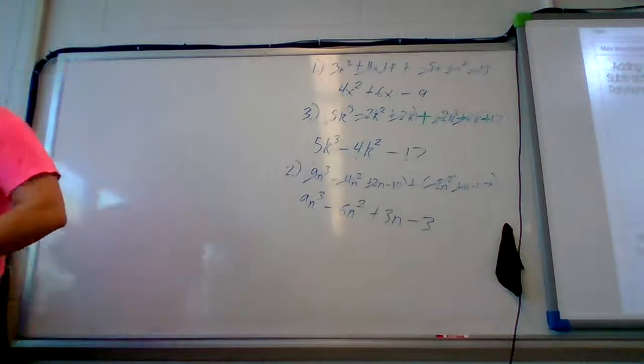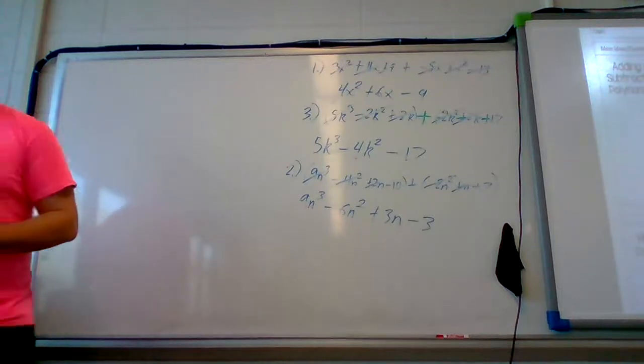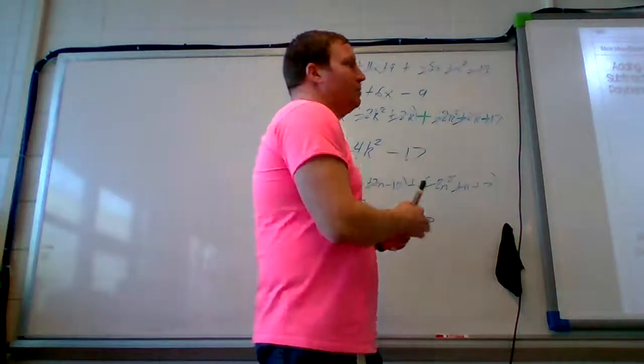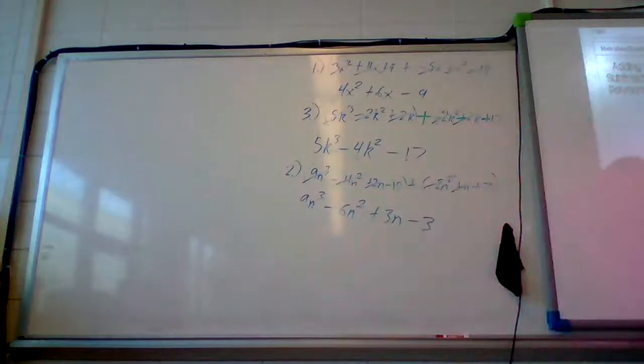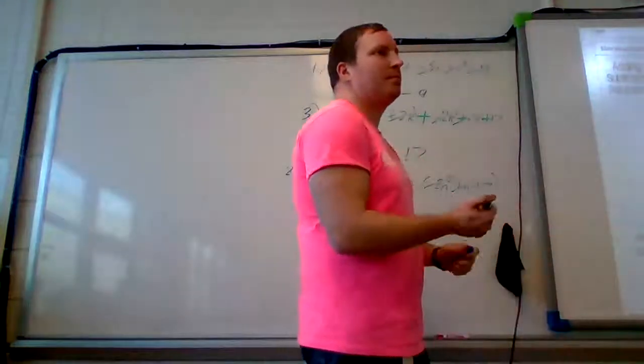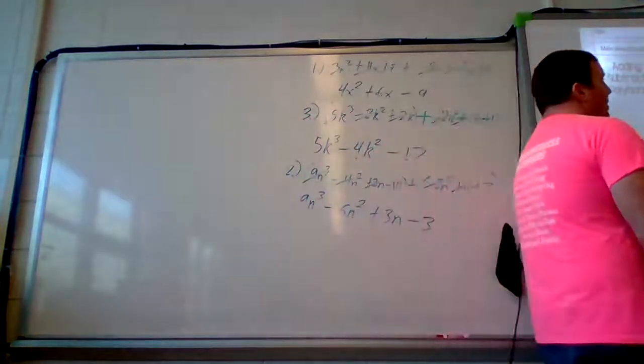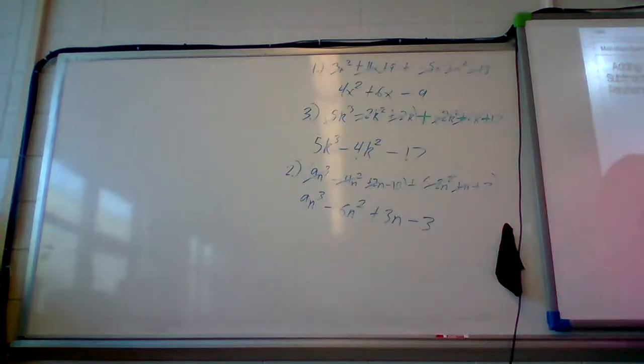On number 4, since the middle sign is subtraction, change the signs of everything in this polynomial. So it's a negative 1 minus a 2y squared plus 5y plus y cubed. Whatever the middle sign is, if it's subtraction, you flip it; if it's a positive, you just keep it the same.